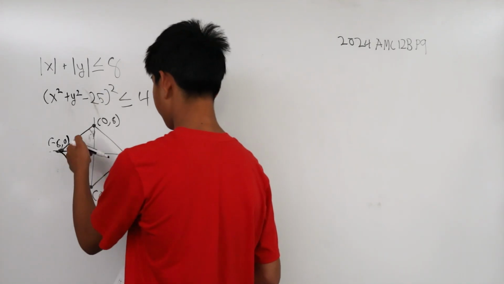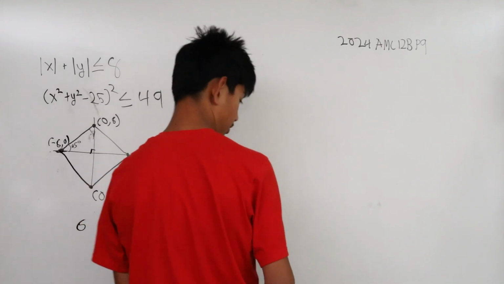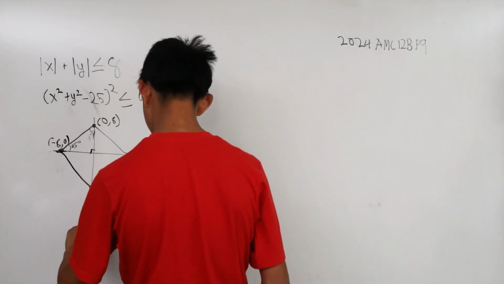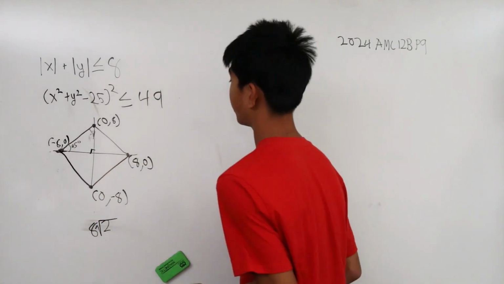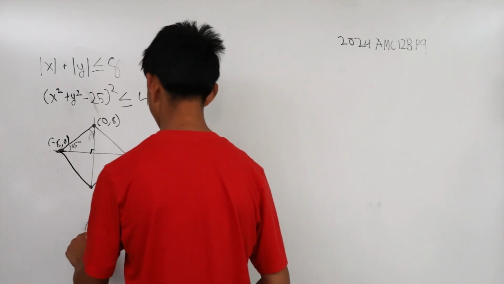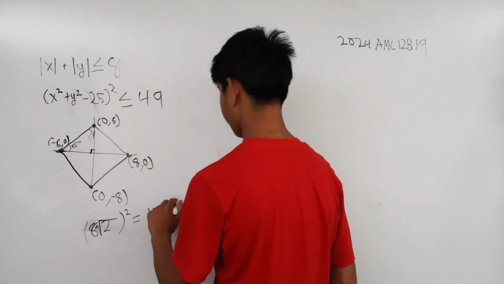So then one of these lengths would be 8 root 2. And since this is a square, you multiply two edge lengths together to get the area, or square that, and that gets us 128.